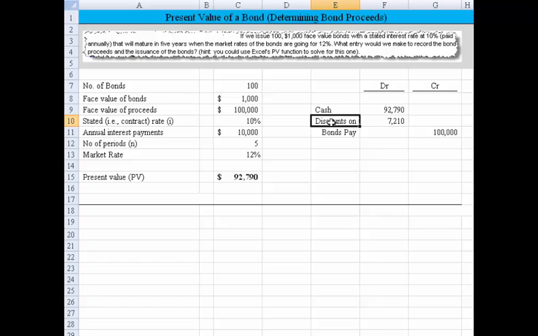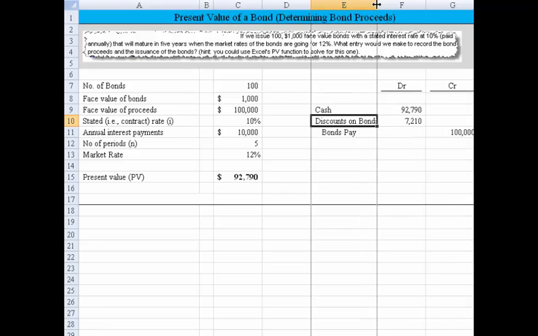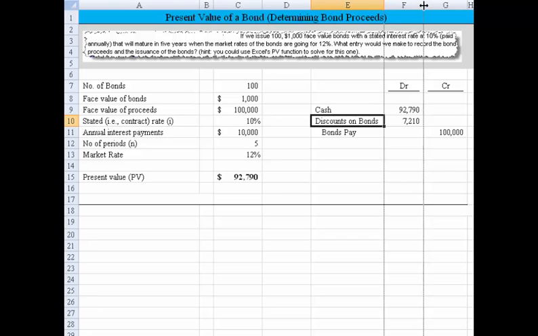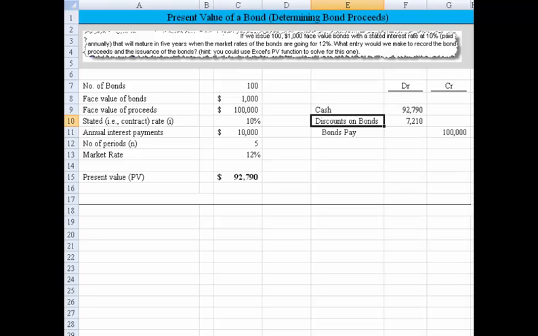Okay, and our textbook may call this something else. Let me expand this a little bit so we can read it. But I'm just going to call it for now bond discounts. Let me bring this back so we can actually see this. Okay, so there's our entry.